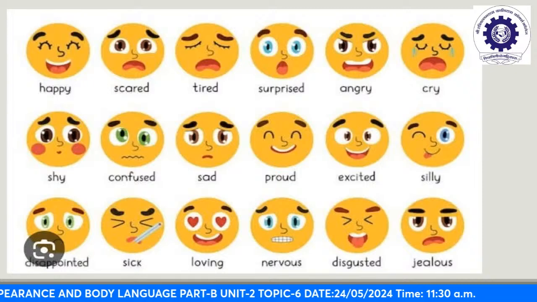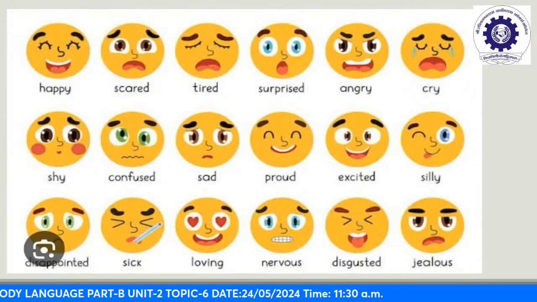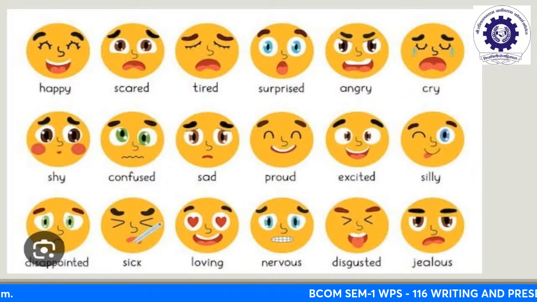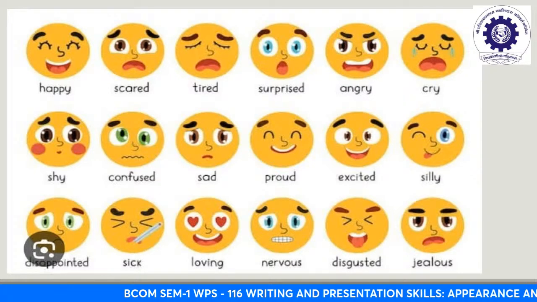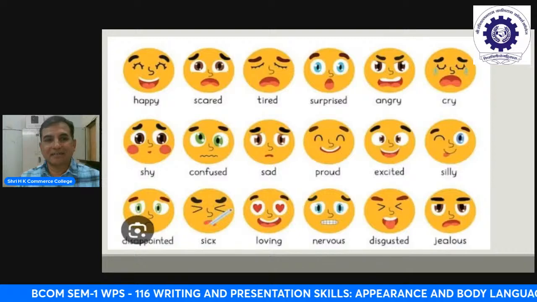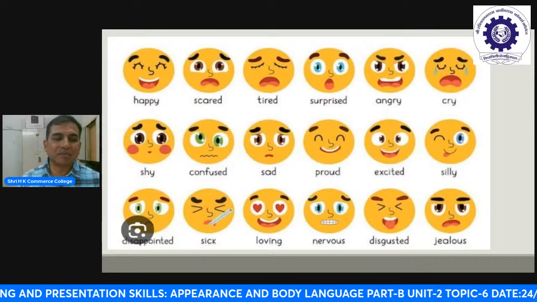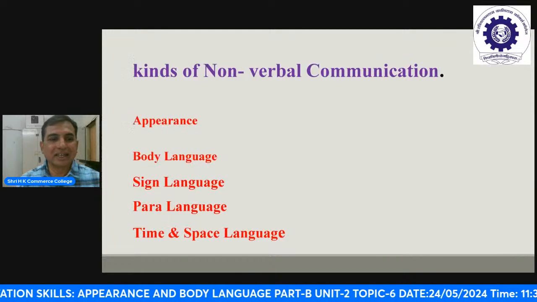One fellow is confused. One fellow is sad. One fellow is saying something but is proud. One is excited. One is an expression of silliness. One is an expression of sickness. One is disappointed. One is nervous. One is loving something. One is disgusted. One is jealous. So all these words and emojis are examples of non-verbal communication.